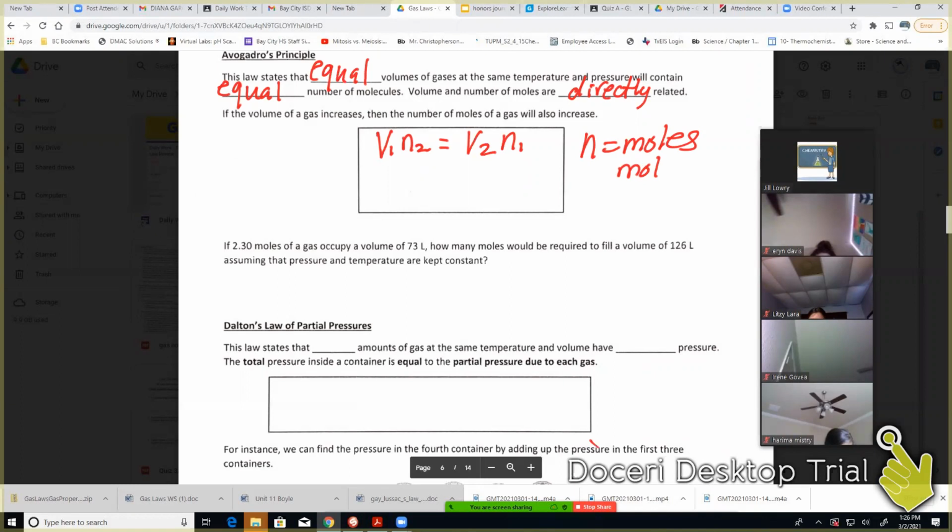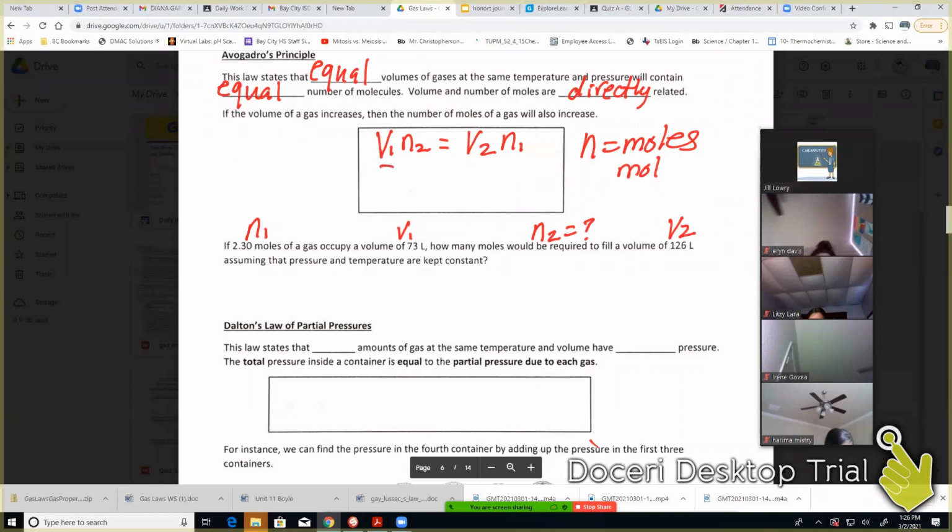So this one says if 2.3 moles of a gas occupy a volume of 73 liters, so that's my N1 and my V1, how many moles would be required to fill a volume of 126 liters? So that's V2, and what I'm trying to find is my N2.